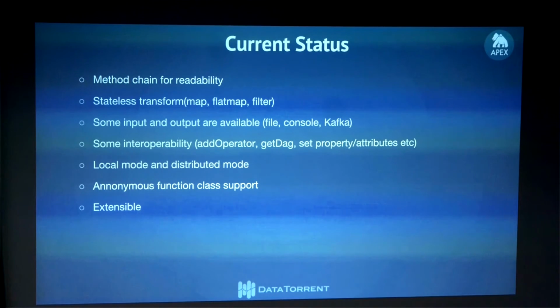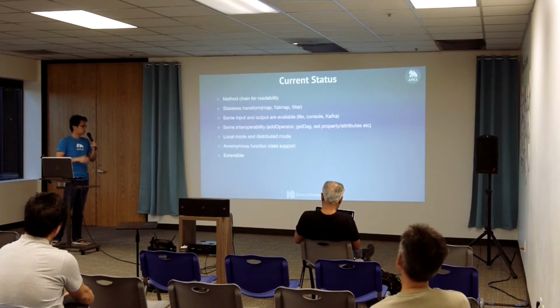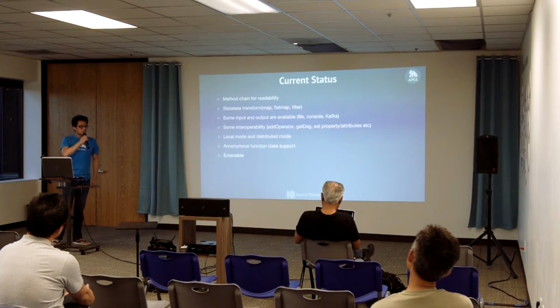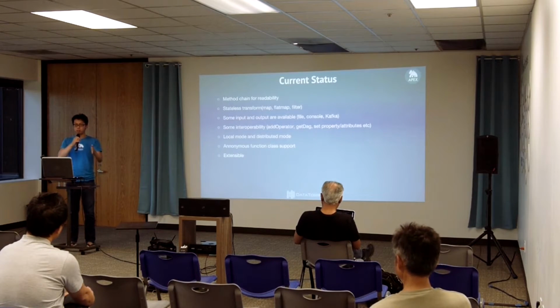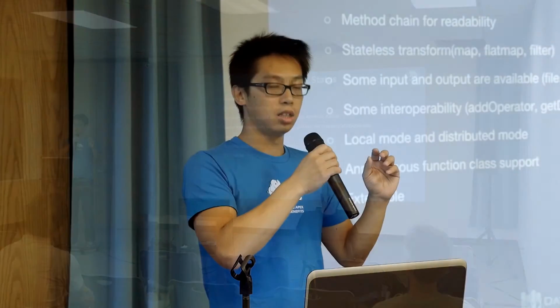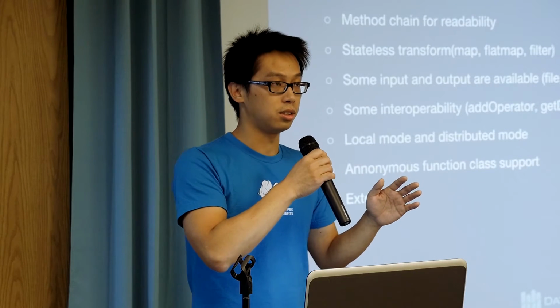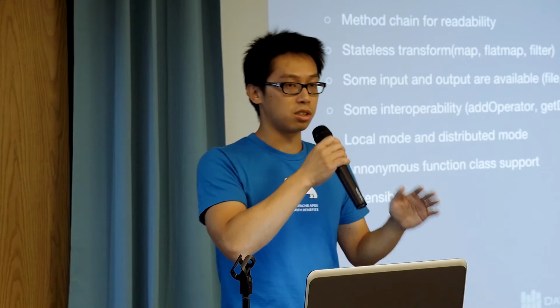And also, we made the current API extensible. Because in real cases, we always notice that the stream developers are usually different people from those developers who actually write the application.